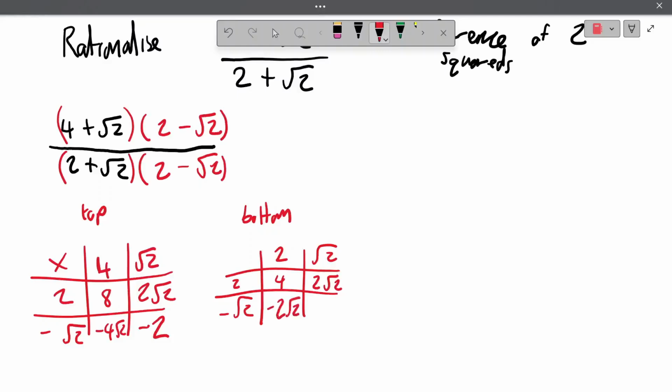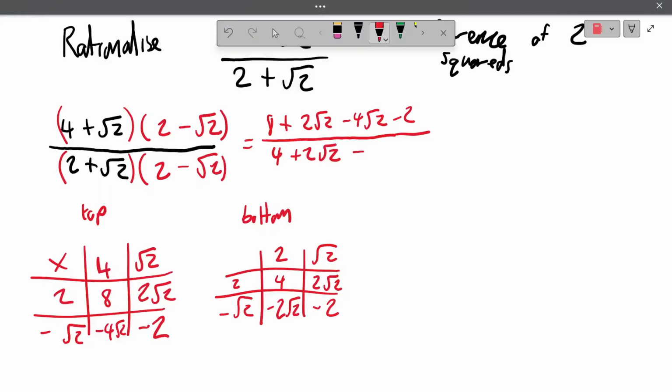And root 2 times minus root 2 is minus 2. So at the top we have 8 plus 2 root 2 minus 4 root 2 minus 2, and at the bottom we have 4 plus 2 root 2 minus 2 root 2 minus 2.